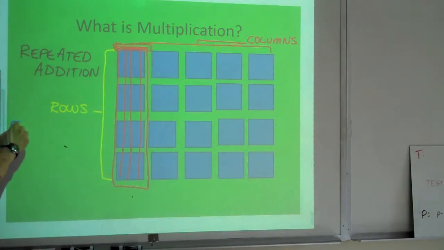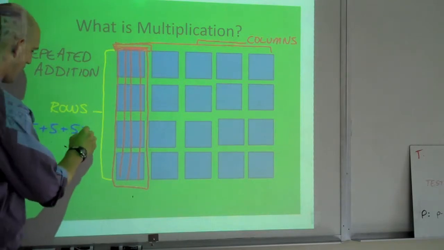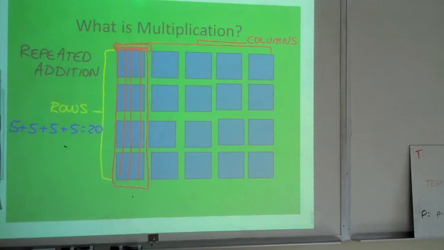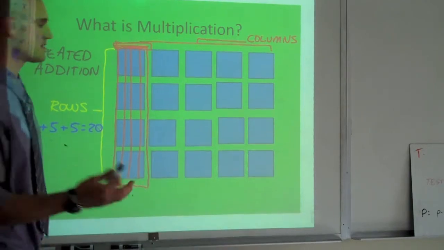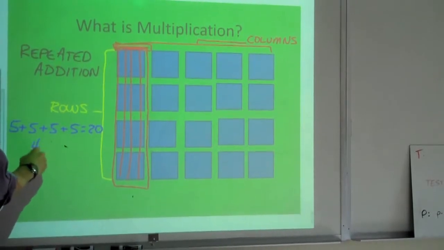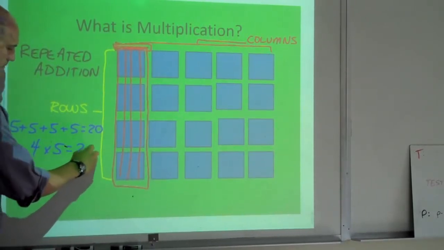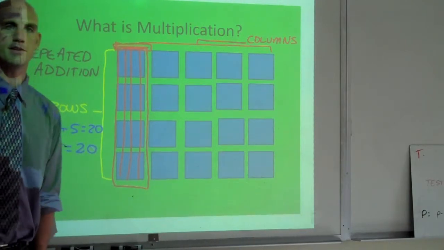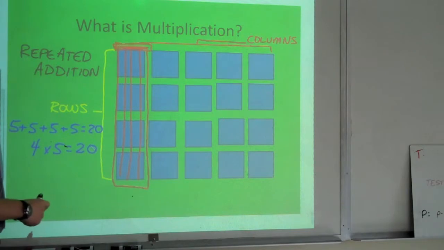So it's going to be 5 plus 5 plus 5 plus 5. So that we know that we have 20 items. When we have 20 items, we could also say that we have 4 rows by 5 columns. That's how we do repeated addition, also known as multiplication.